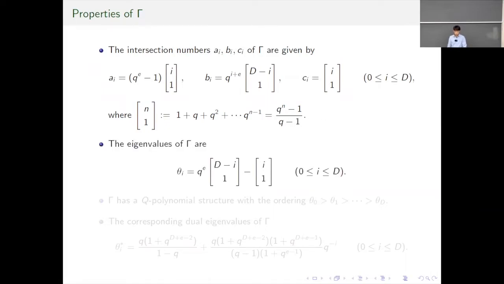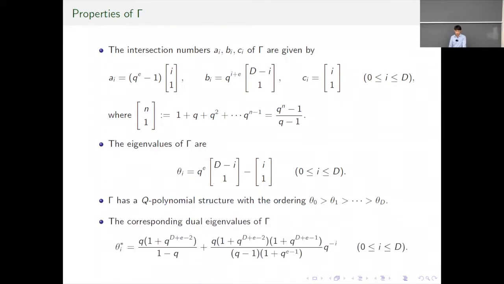Also, it is well known that the eigenvalues of dual polar graphs are these, theta_i. Gamma has a q-polynomial structure with a q-polynomial ordering theta_0, theta_1 through theta_D. And the dual eigenvalues of Gamma are given here.